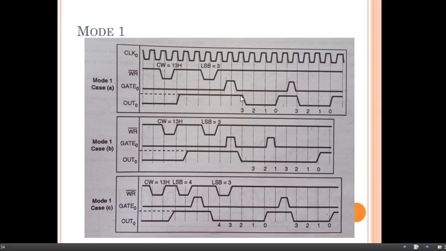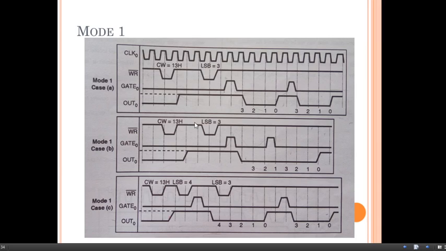So here the output goes low and the counter will decrement from count value 3 to 2 1 0, and once the count value becomes 0, our output will become high again. And if the gate trigger is applied again, the counter will restart counting with the same value, that is 3 2 1 0, and so on. So this is called the normal operation of mode 1.